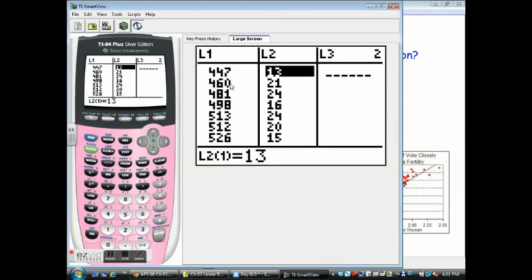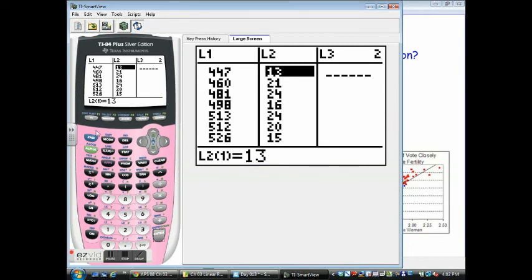I loaded up data for problem 5 in the book. You'll see that soon. It's about manatees, those big sea creatures who live off the Gulf Coast in warm waters. This L1 contains the number of powerboat registrations, how many motorboats there were in thousands off the coast of Florida. And in L2, unfortunately, how many manatee deaths were recorded that year.